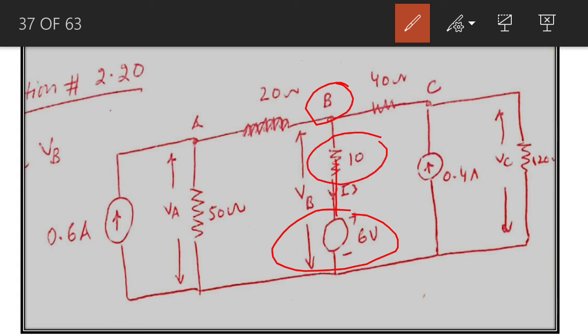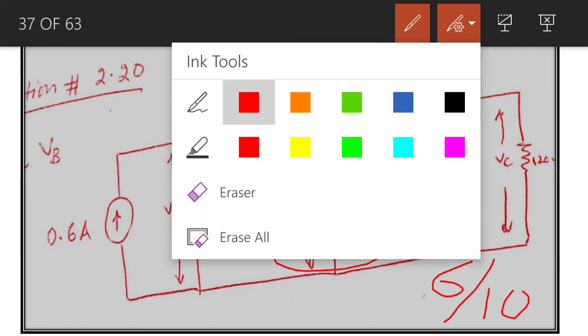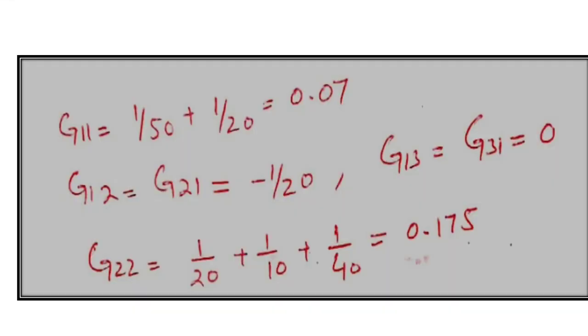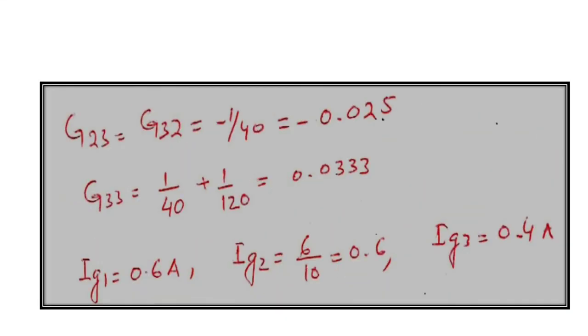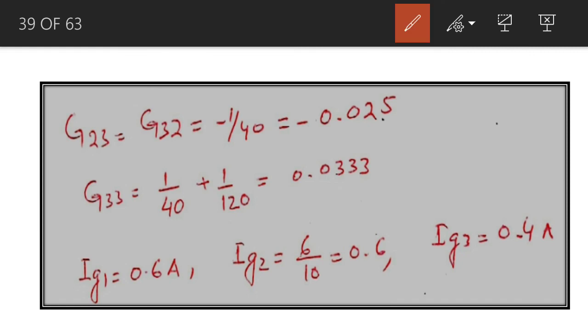So the voltage of the voltage source divided by the resistance of the series resistor gives you Ig2, that is 0.6. So Ig2 comes out to be 0.6 ampere.